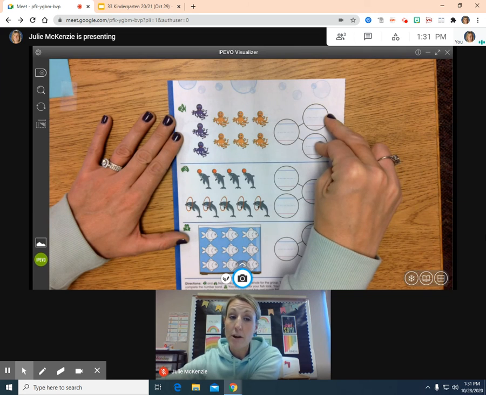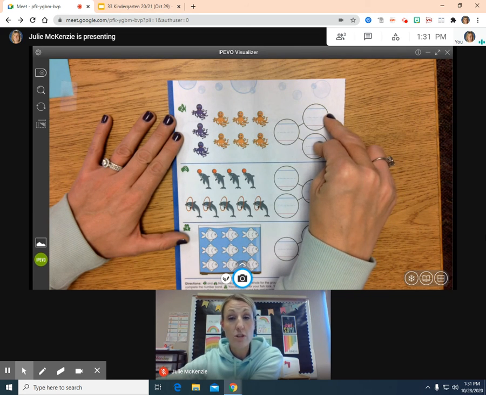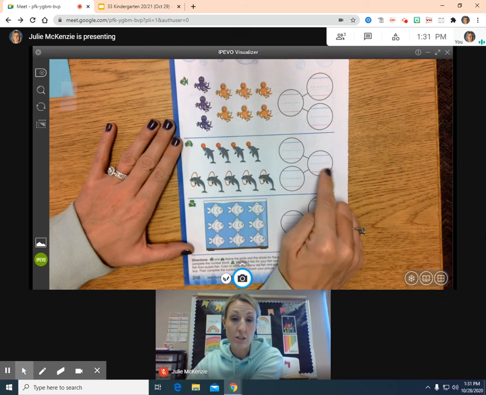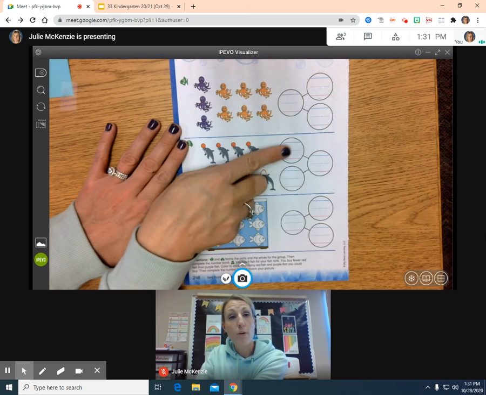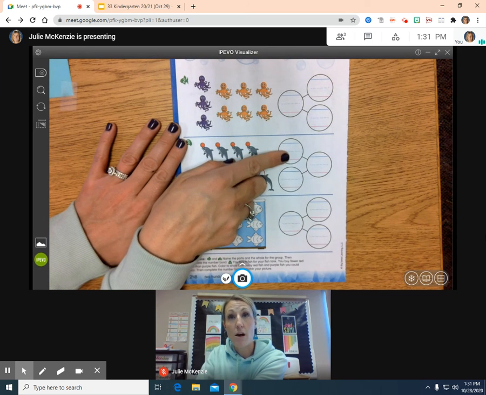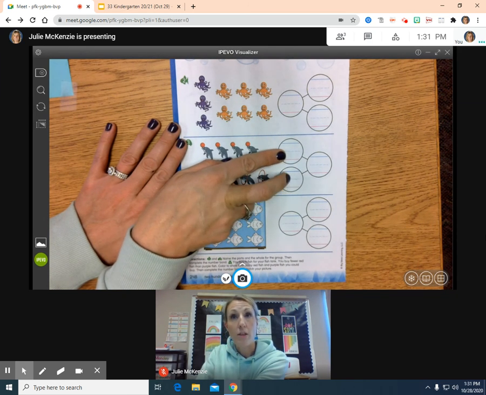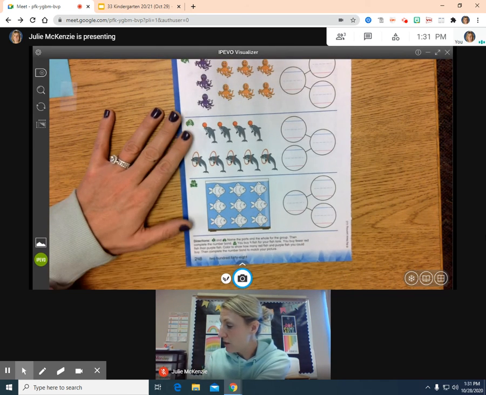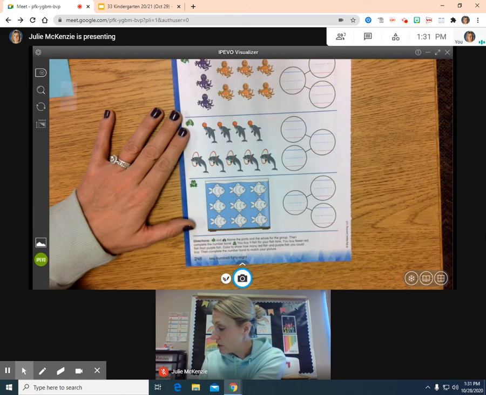For this one, the parts would be the purple number and the orange number. Okay, again, I can see the whole group number of dolphins would go here. And then your 2 parts, you'd have 1 part playing with the ball and 1 part playing with the hoop.